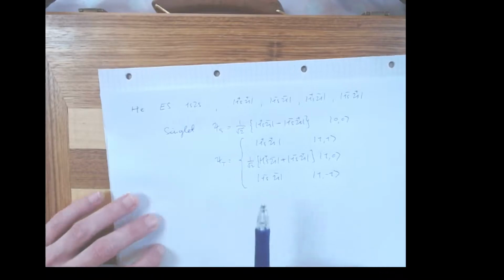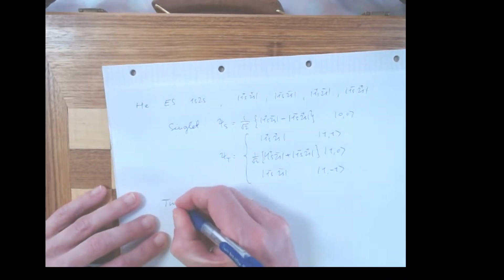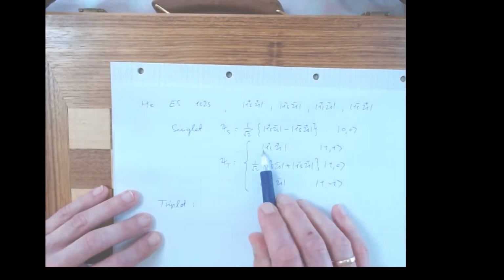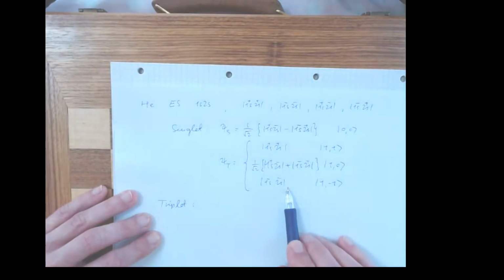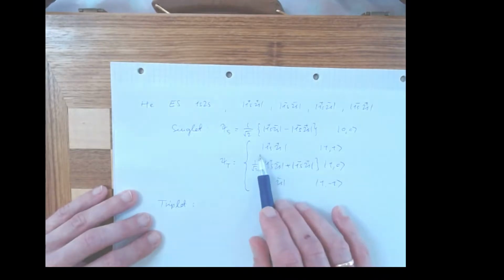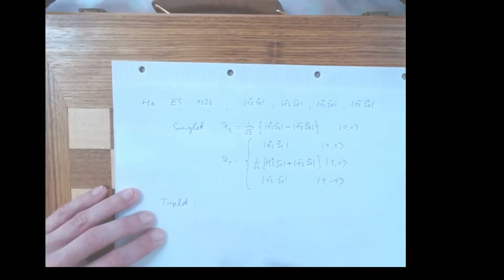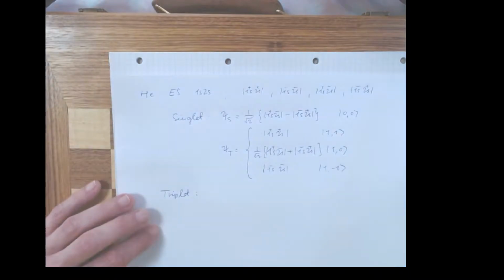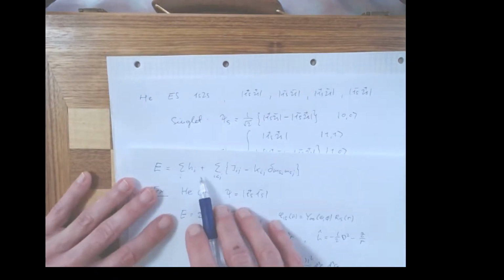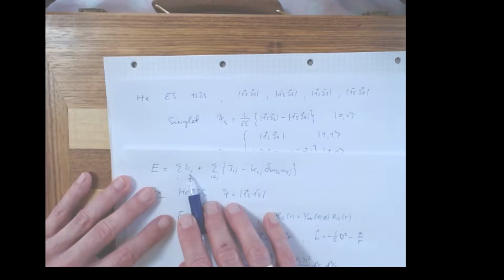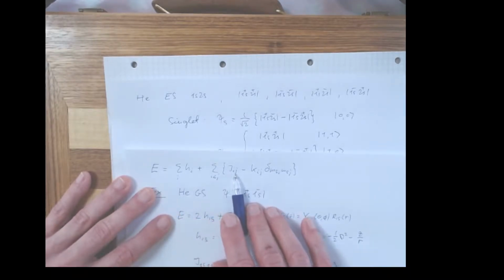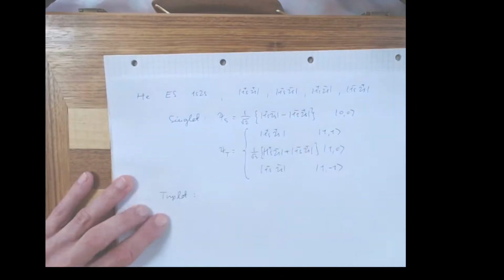So we could start with the triplet, because in this case there are simple options, because I can look at either this or this one. These are simple because they consist of just a single Slater determinant. So let me go back to my rules here. I should sum the single body terms and then sum over all pairs of Coulomb and exchange interactions.